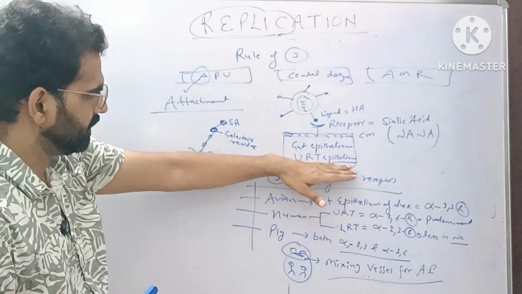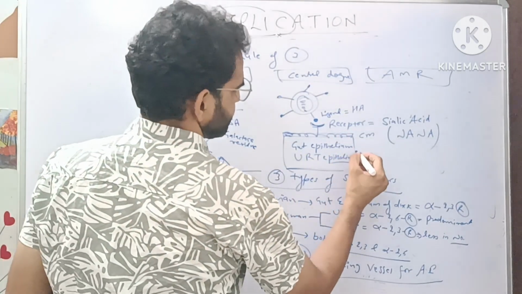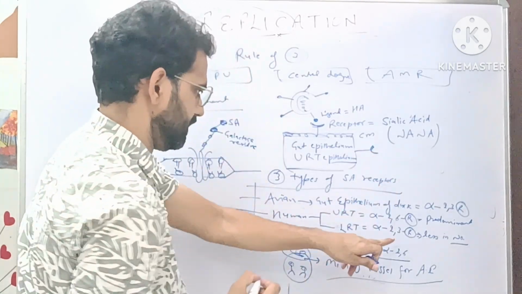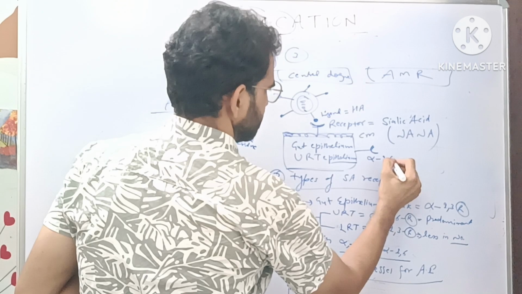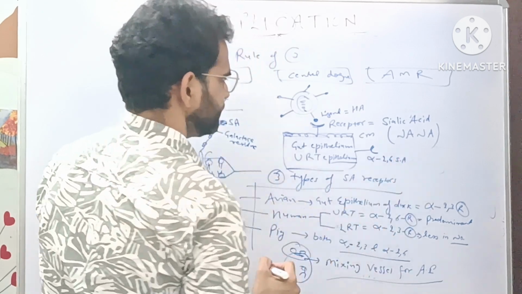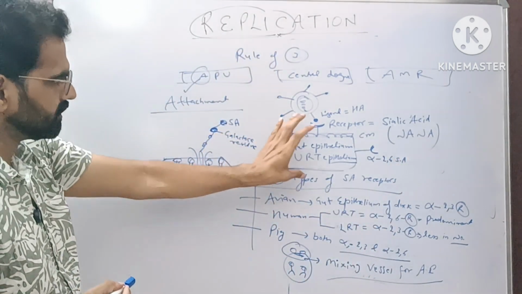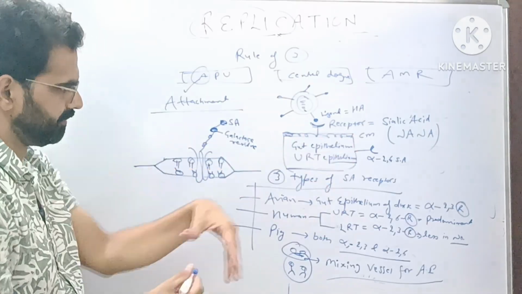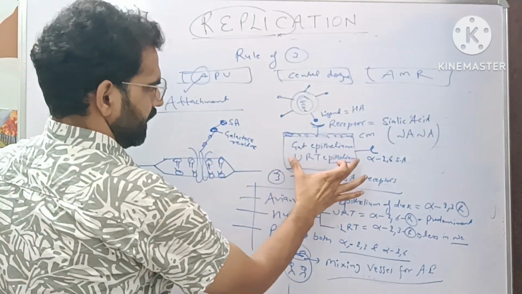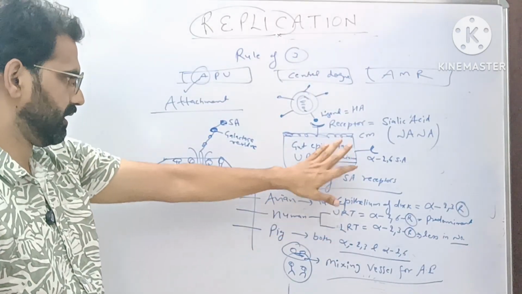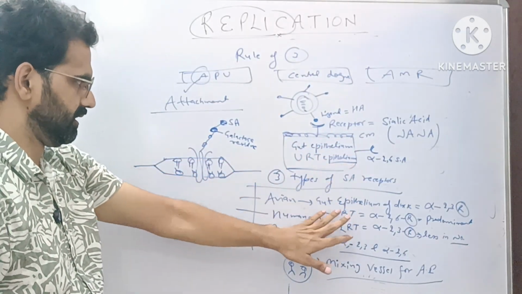Then the receptors will be this one, alpha 2,6 sialic acid. So this cell depends on which species, avian, human or swine, and which organ, gut epithelium or respiratory epithelium.